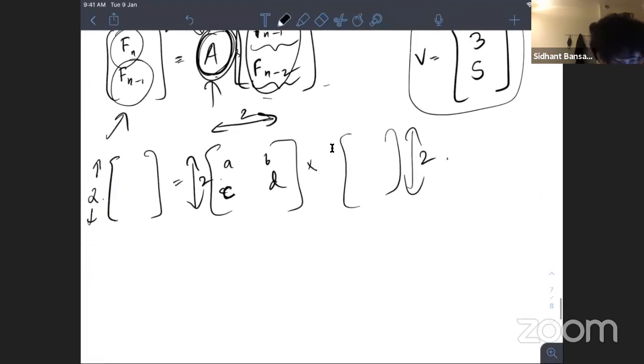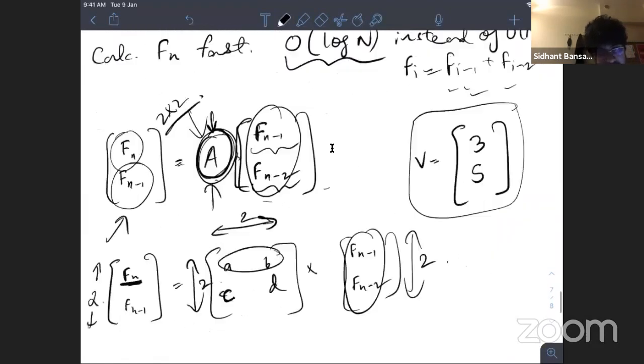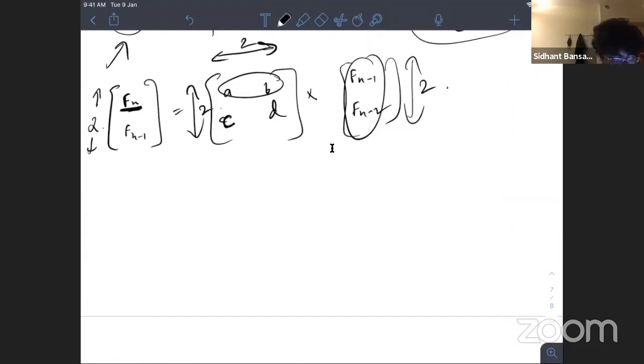So here you have Fn, here you have Fn minus 1, here you have Fn minus 1, and here you have Fn minus 2. Now notice this thing needs to be multiplied with this thing. That means Fn is going to be this. That's how matrix multiplication works. Basically, this value is multiplied with this value, plus this value multiplied with this value.